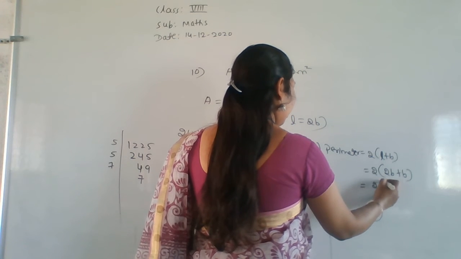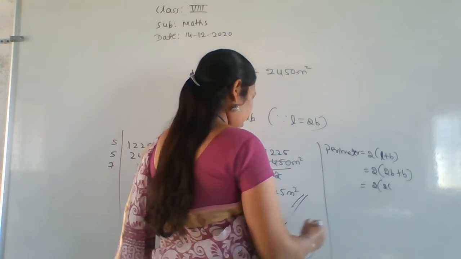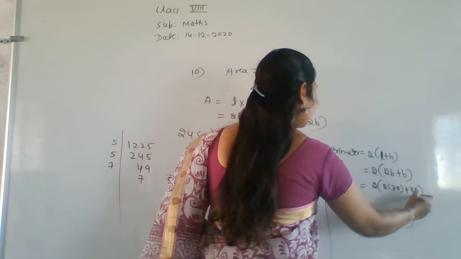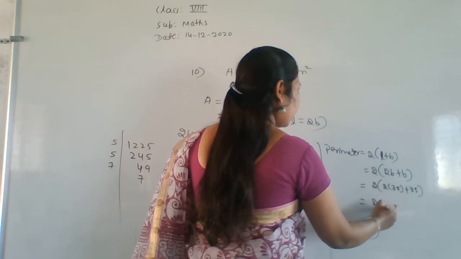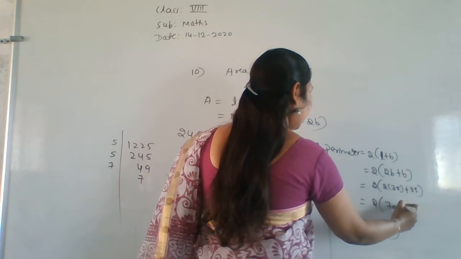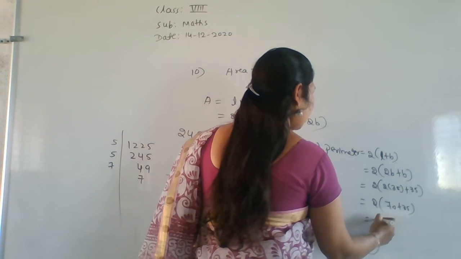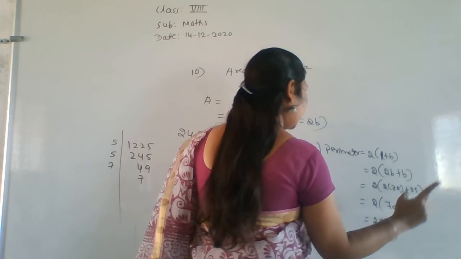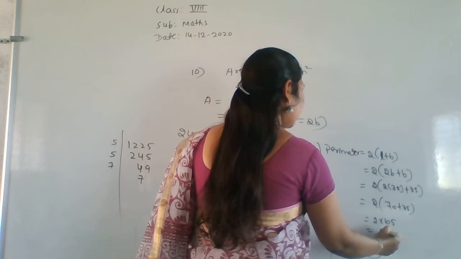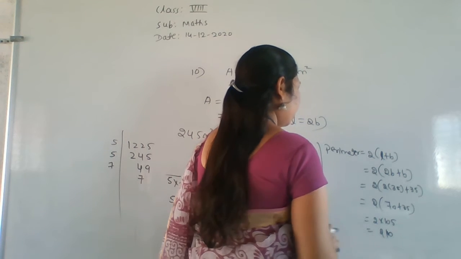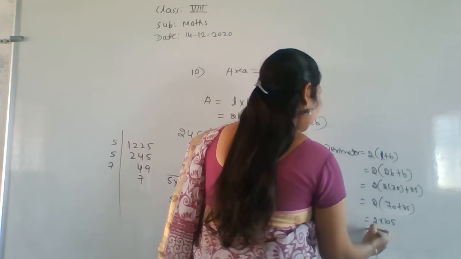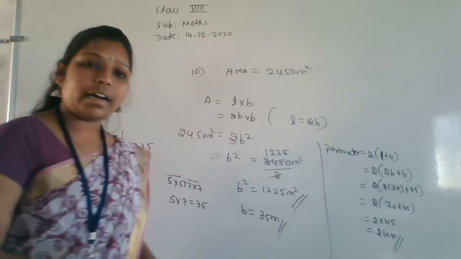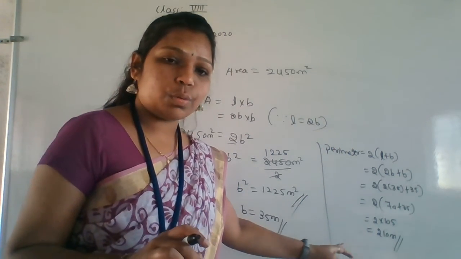Here 2 times b is 70 meters, plus 35 is 105. 2 into 105 is equal to 210 meters. So the perimeter of the rectangle is 210 meters.